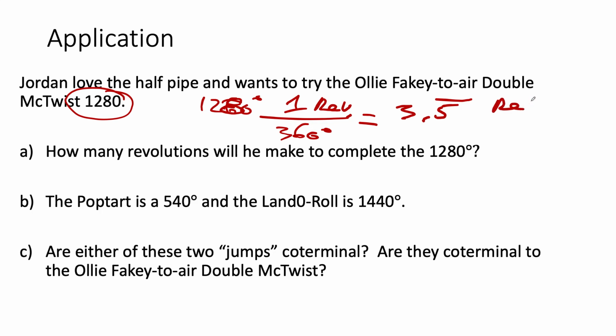That's how many revolutions we did. 32 ninths would be about 3 and 5 ninths revolutions.